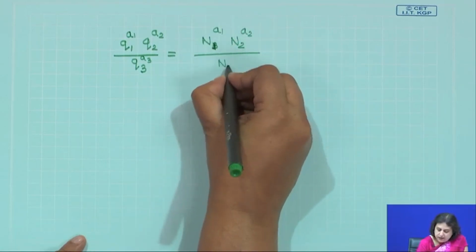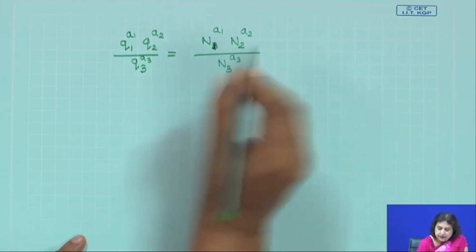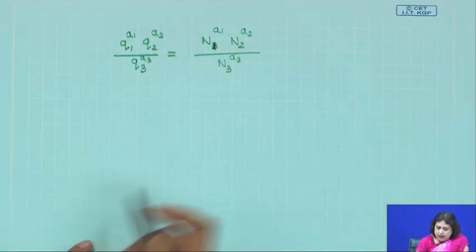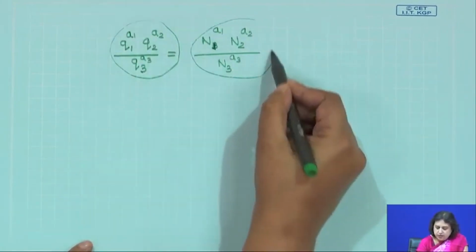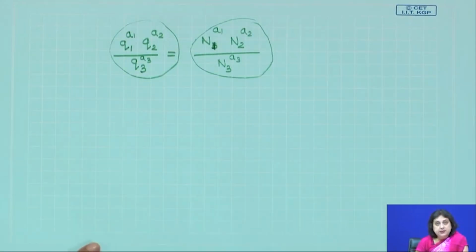Okay. As you see, this ratio is already related to the number of particles present in the equilibrated reaction mixture under the given condition of constant temperature and volume.